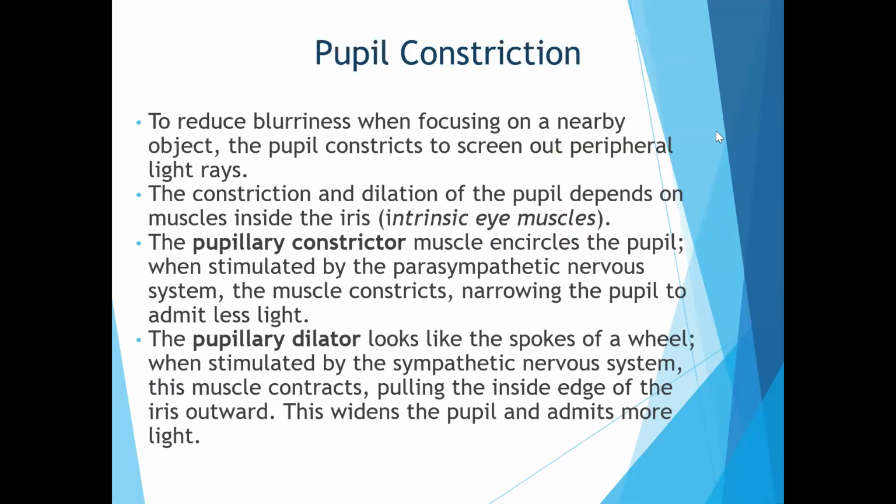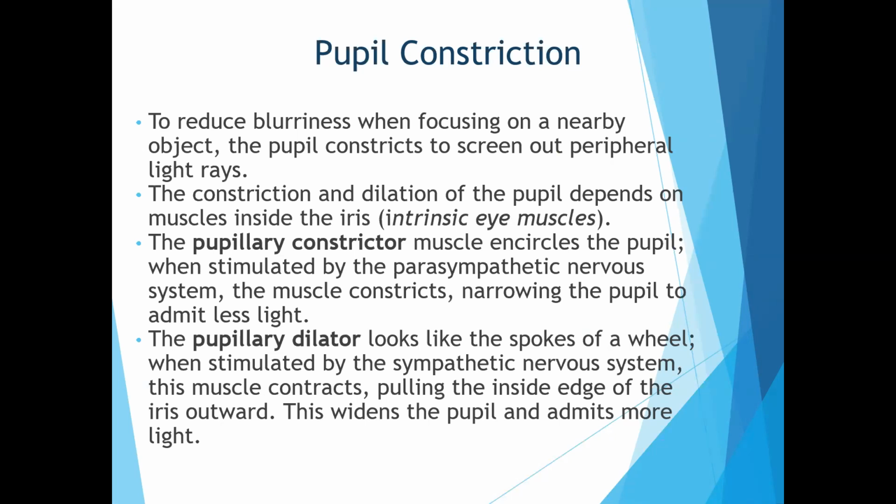Okay, pupils can constrict and dilate. That's how we control the amount of light that's getting through. So the whole idea is that we constrict and dilate to reduce our blurriness or to focus in. And so this happens with the use of an intrinsic eye muscle. So there's actually a muscle that causes pupil constriction and dilation.